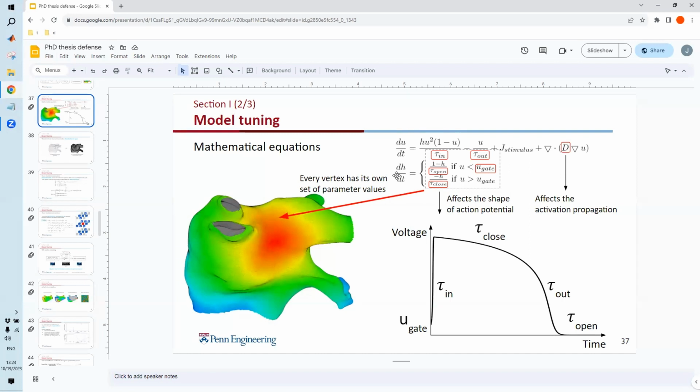But for simulation, in order to convert that into the 3 types of maps, we don't really need to calculate the electrogram. For example, this is the local activation time map. All we need to know is where the peak of the U values at that point appears, and that value is the local activation time. Each point has one value, and with color mapping you get this map.